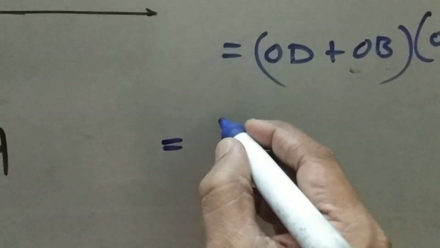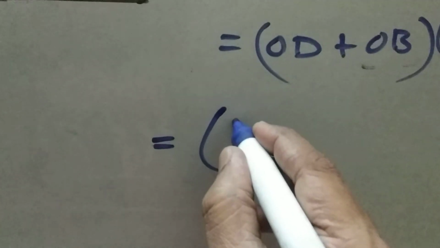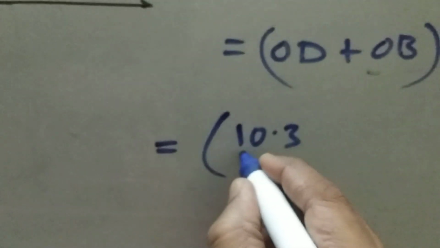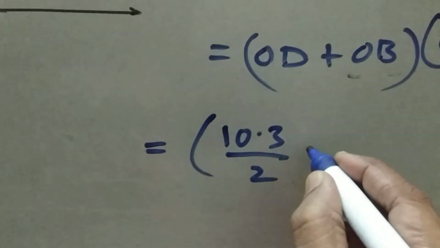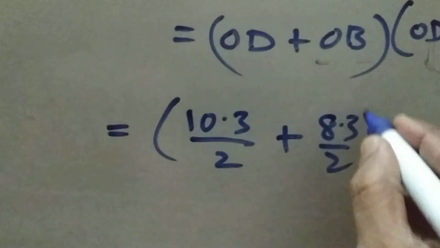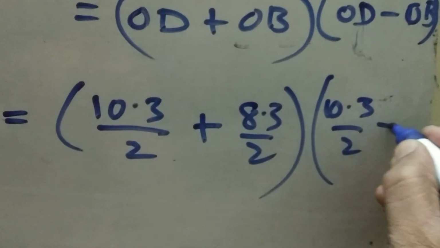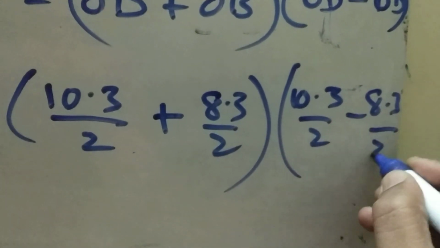OD is equal to 10.3 upon 2 and OB is equal to 8.3 upon 2. Here, 10.3 upon 2 minus 8.3 upon 2.